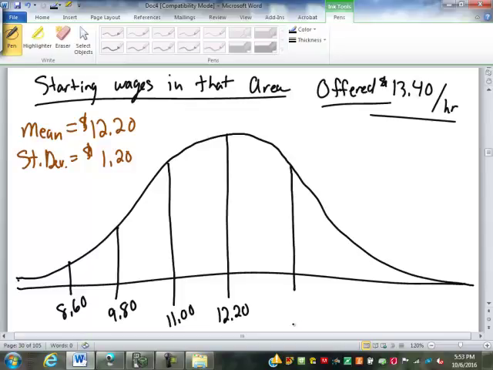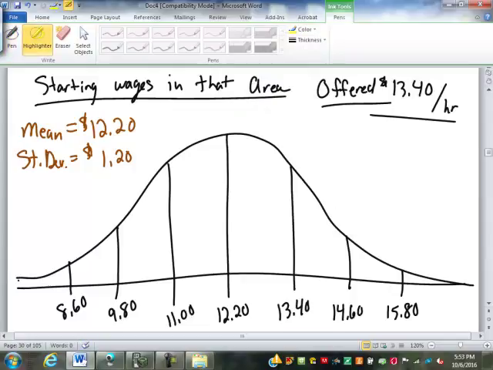If I go this way, I'm adding the standard deviation, so the first step will be $13.40. The next step, $14.60. And the next step, $15.80. Good. Remember, these are the numbers that are determined by the data set, the mean and the standard deviation of that data set.